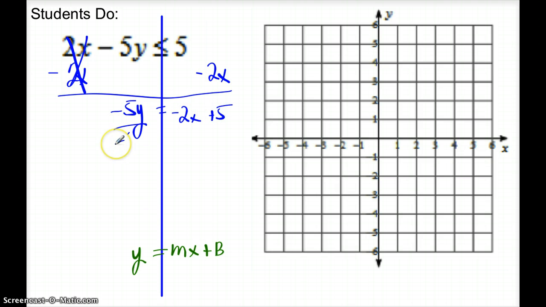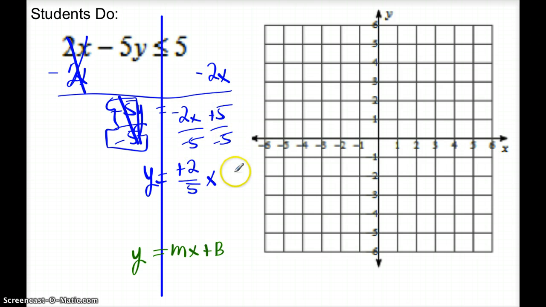Divide by negative 5. Divide by negative 5. If I do it to one side, I do it to the entire side, not just the parts I want to. Again, this cancels out to a 1. Y equals negative divided by negative is a positive 2 over 5x. 5 divided by 5 is 1, and it's a positive, so we got a positive 1.